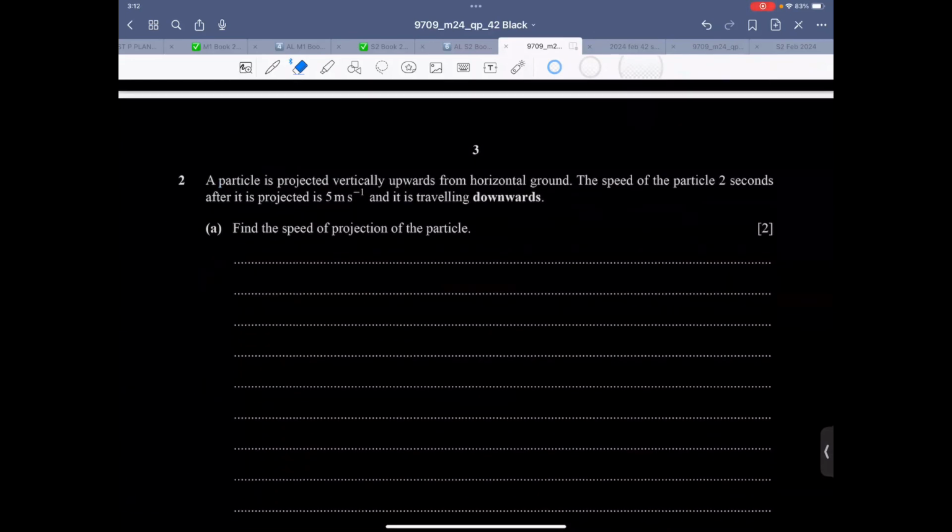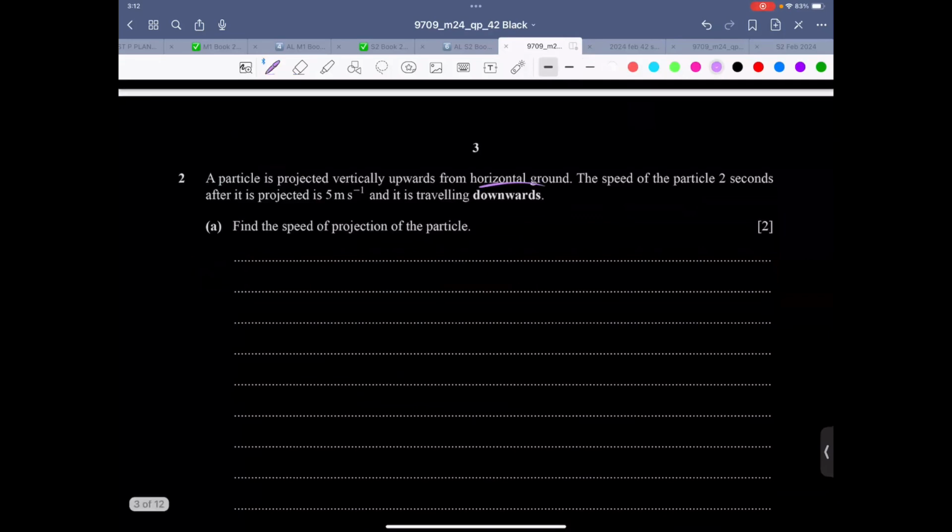Let's move to question number 2. It says a particle is projected vertically up from horizontal ground. The speed of the particle 2 seconds after it is projected is 5 meters per second, and it is traveling downwards. Find the speed of projection of the particle. That is the first part.